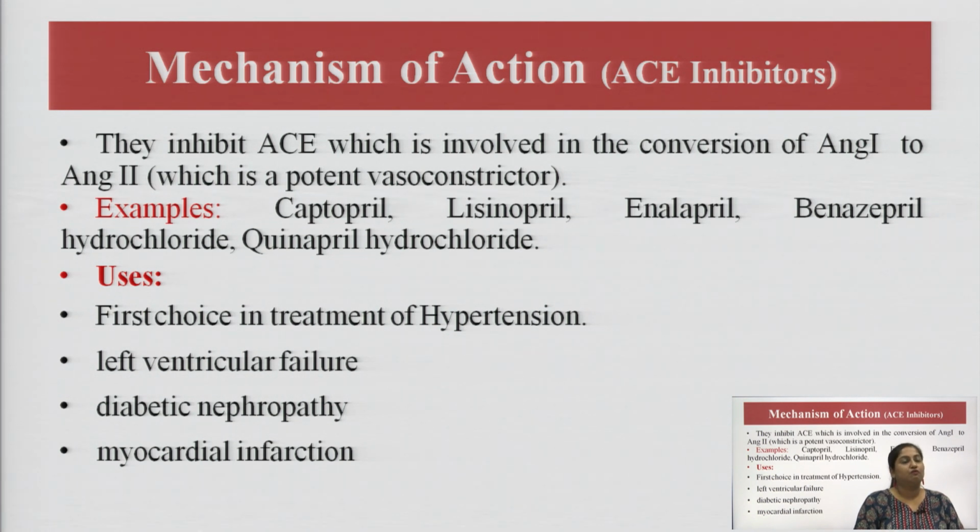So, if we stop ACE by using ACE inhibitors, there will be no conversion of angiotensin 1 into angiotensin 2, which will help us in doing the vasodilation. The drugs captopril, lisinopril, enalapril, benazepril hydrochloride, and quinapril hydrochloride help in the vasodilation.